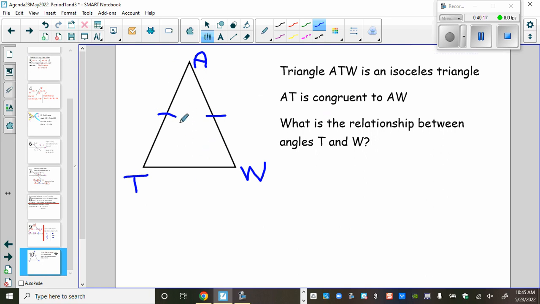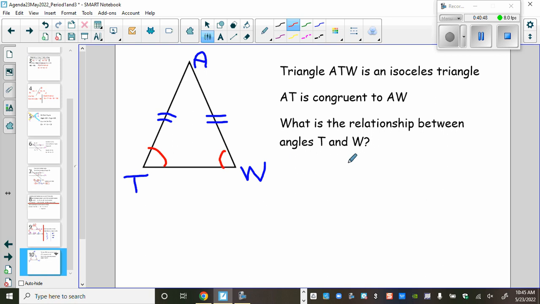These two sides are congruent. Anytime you see a single hash mark, or it might be a double, that tells us these two sides are congruent. Then what must the relationship between this angle W and this angle T be?